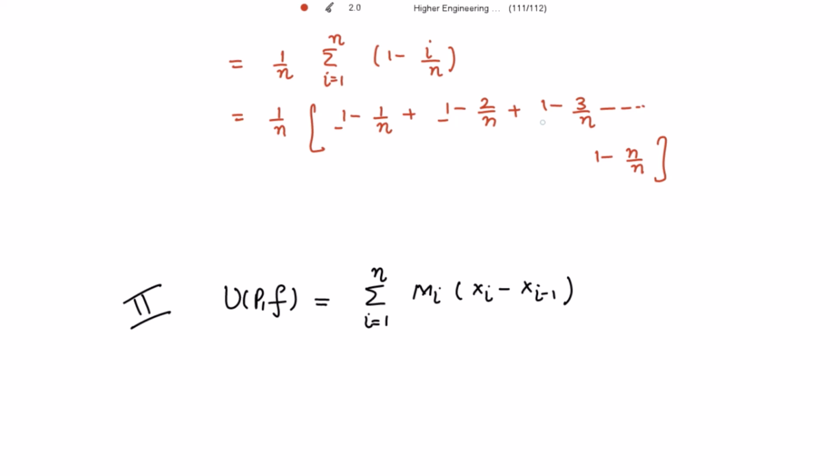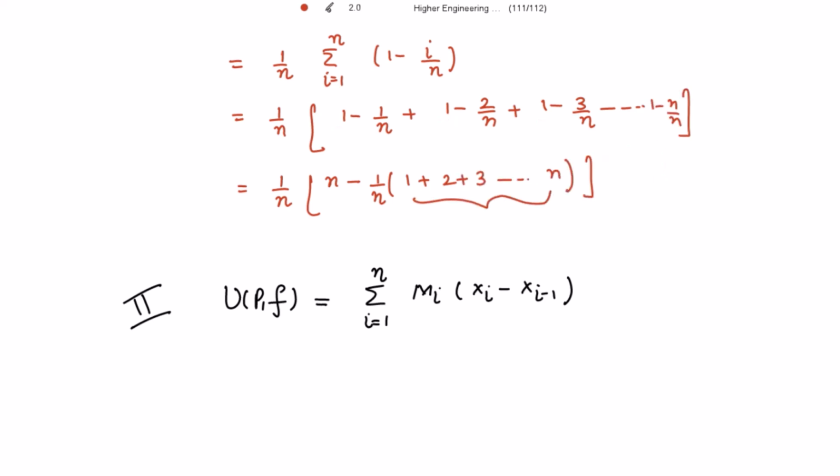So 1 plus 1 plus 1 plus 1 up to n times is n. Taking 1 by n outside, this is 1 plus 2 plus 3 up to n. The sum of the natural numbers is n into n plus 1 divided by 2, right? So this n cancels out with this.